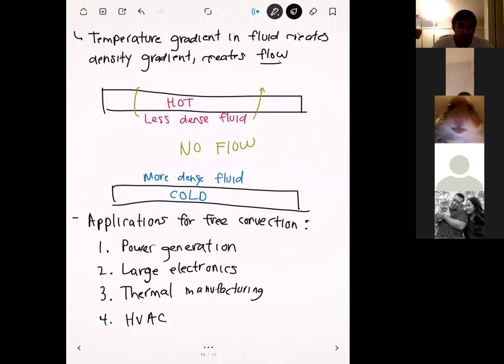Okay, thank you. All right, so let's look at the geometry that we're going to be working with, because this is the simplest one to do for free convection. We're going to focus mostly on a vertical heated flat plate. This flat plate is going to be immersed in a fluid at rest.